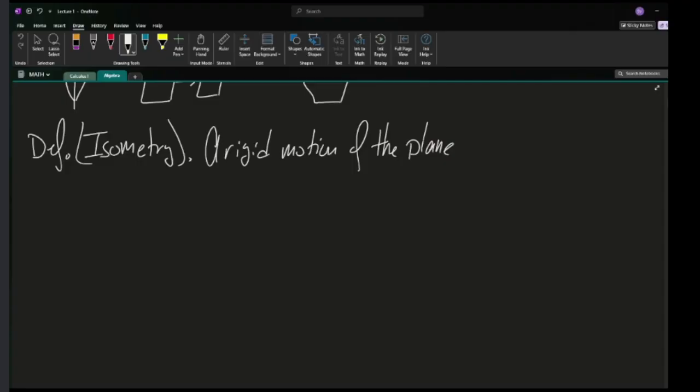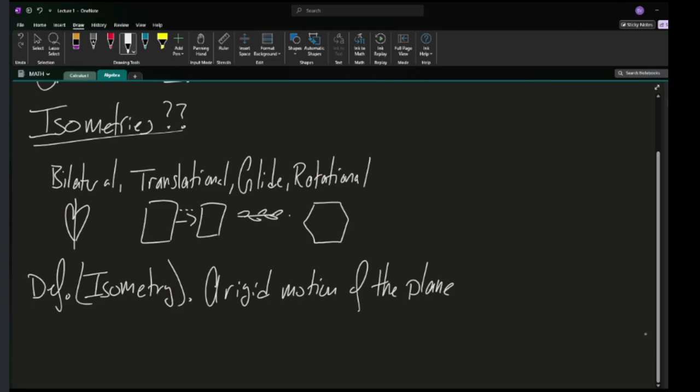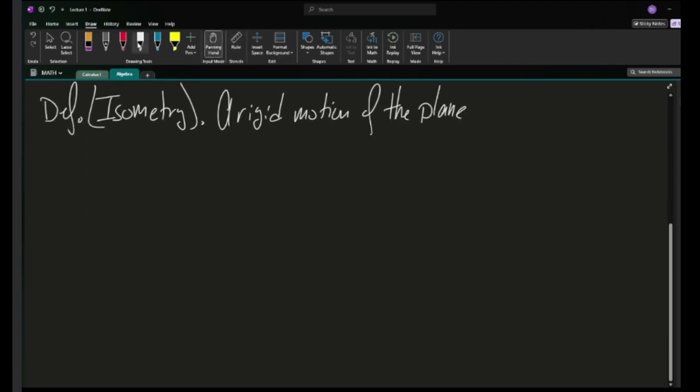And with these isometries, we have these concepts called symmetries, as we mentioned before.